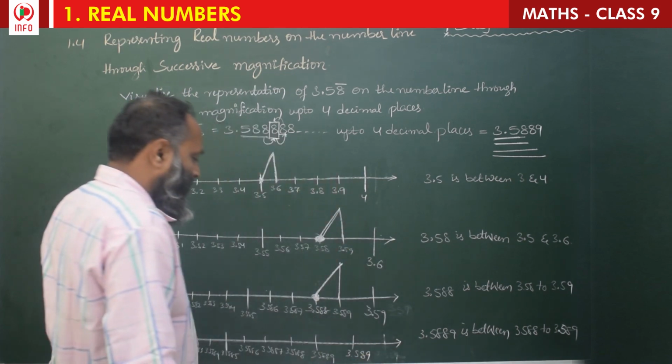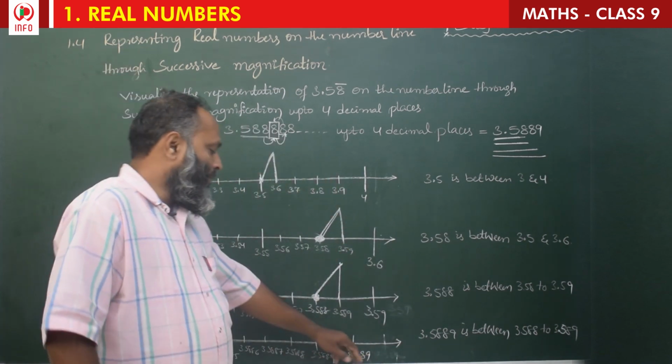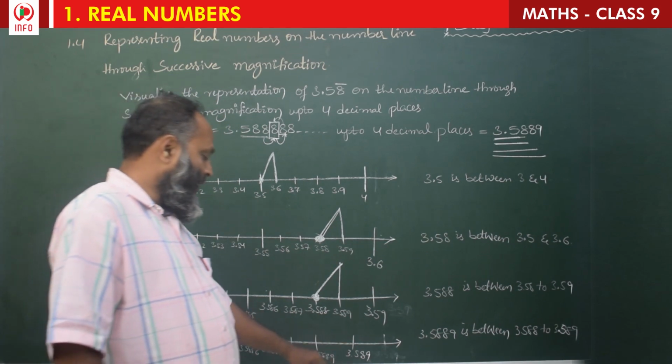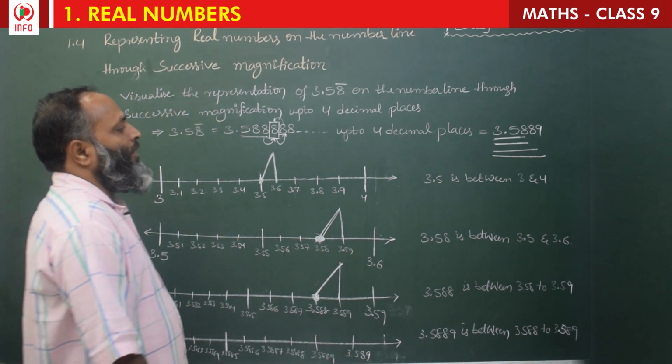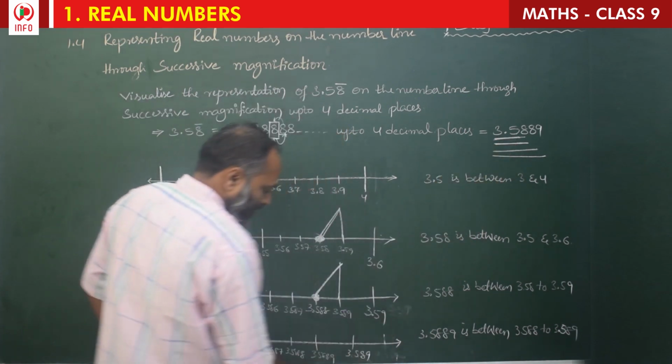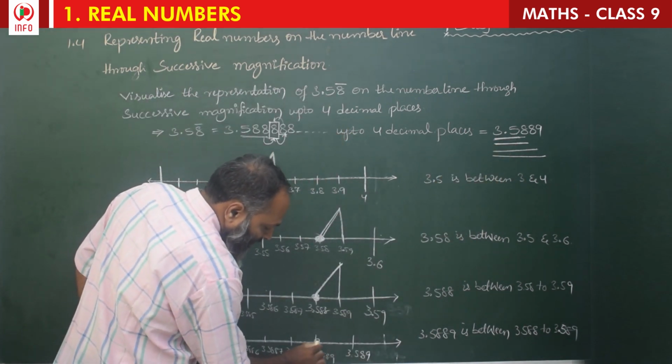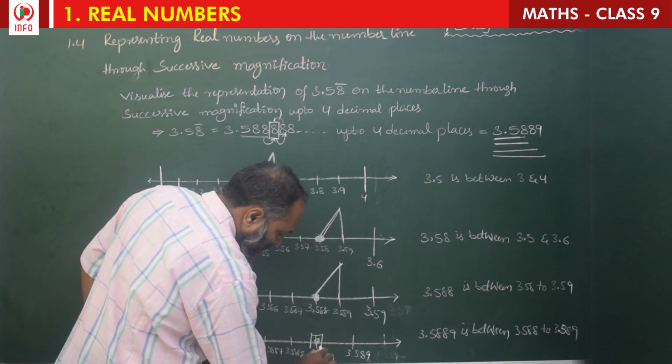So then what we need is 3.5889, and 3.589 is the actual location.